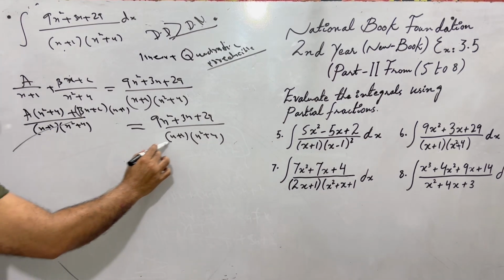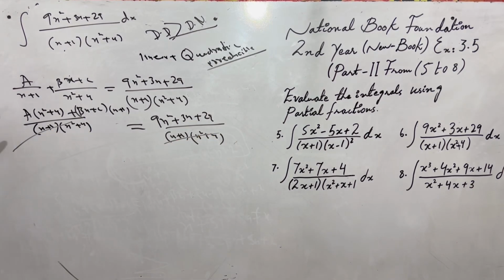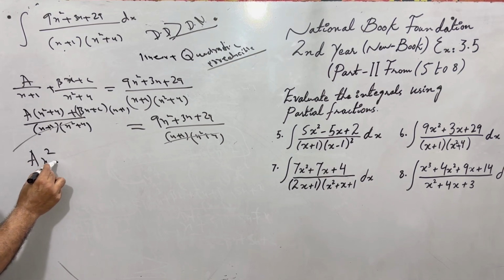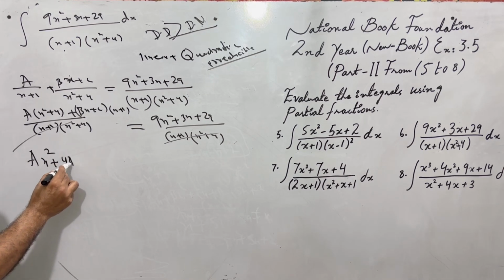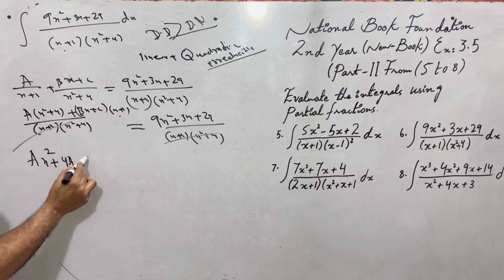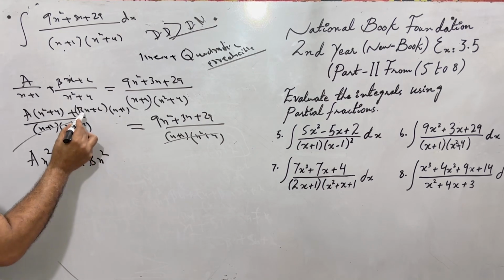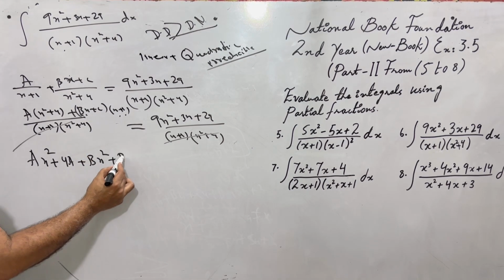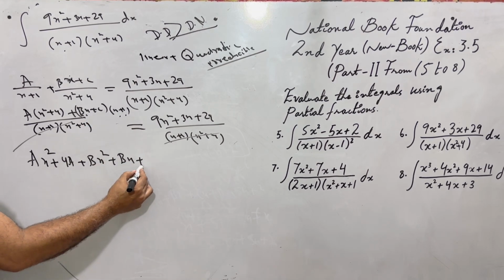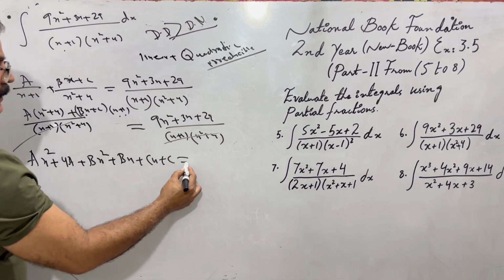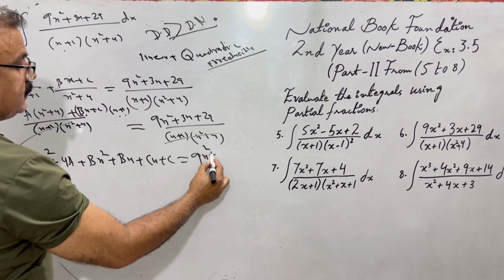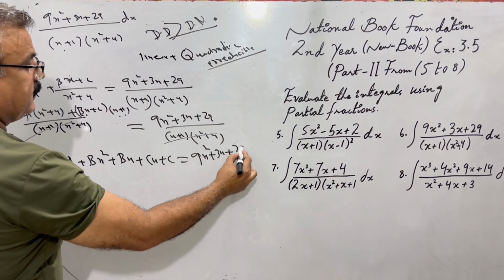This denominator cancelled out. Merging them and multiplying, we have ax square plus 4a, plus bx square plus bx, multiplying the brackets, plus cx plus c is equal to 9x square plus 3x plus 29.